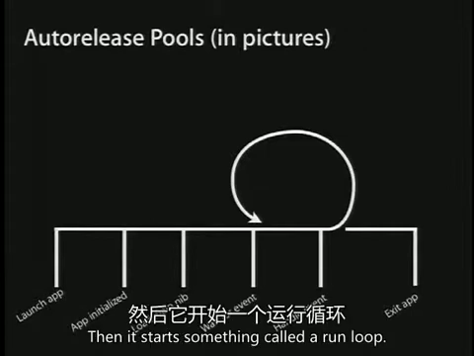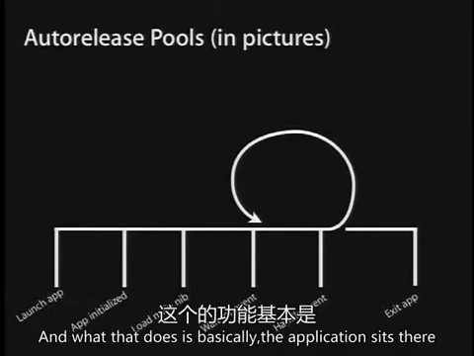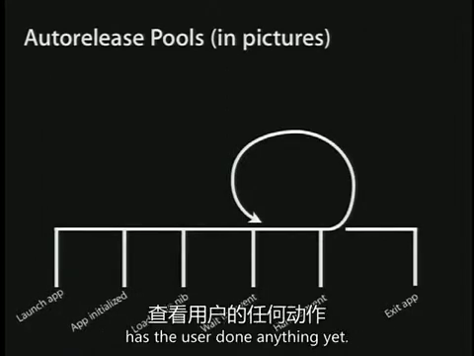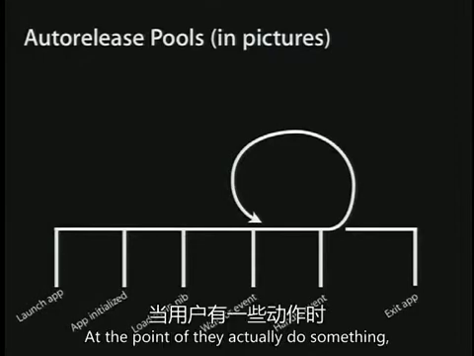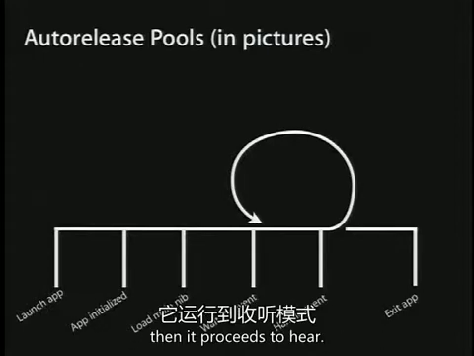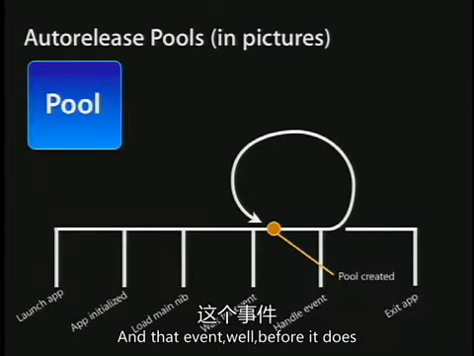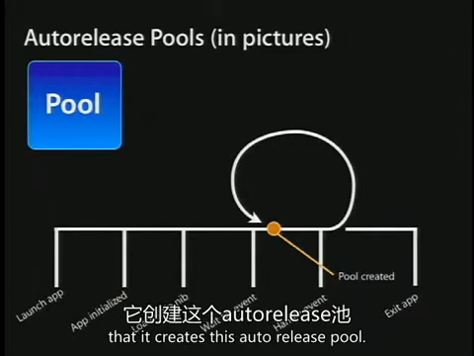Then it starts something called a run loop. And what that does is basically the application sits there and it's monitoring inputs to say, hey, has the user done anything yet? At the point that they actually do something, then it proceeds to here. So it handles the event. And before it does that, it creates this auto-release pool.